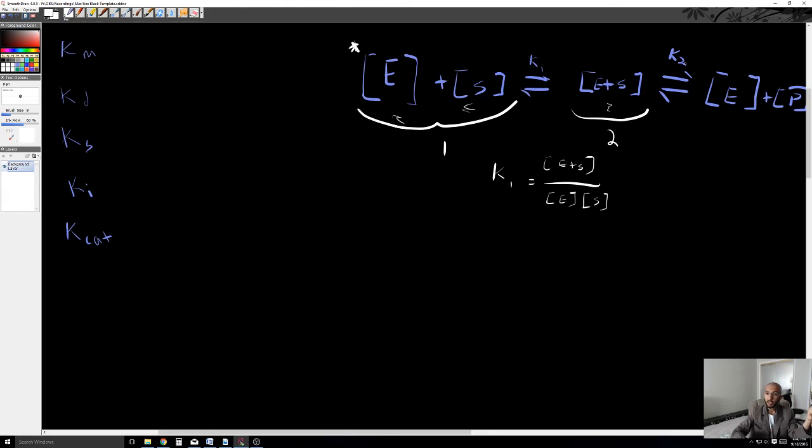And as you might imagine, K2 refers to enzyme substrate complex dissociating into enzyme and product. K2, I believe in your problem set, also encompasses the reaction that happens as the enzyme substrate complex forms product and goes to enzyme and product. So those are two ways of describing this reaction.